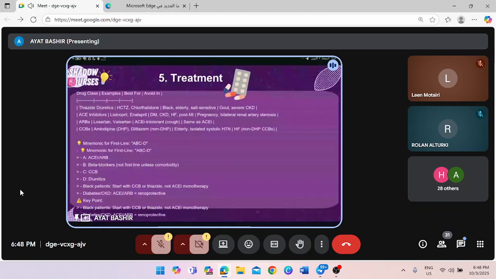Here we have a mnemonic for the first line: ABCD, ACE, beta blocker, calcium channel blocker, diuretics. And for the black patient, we will start with the calcium channel blocker or the thiazide. We'll not use the ACE. For diabetes, we'll use the ACE and the ARB. Okay.